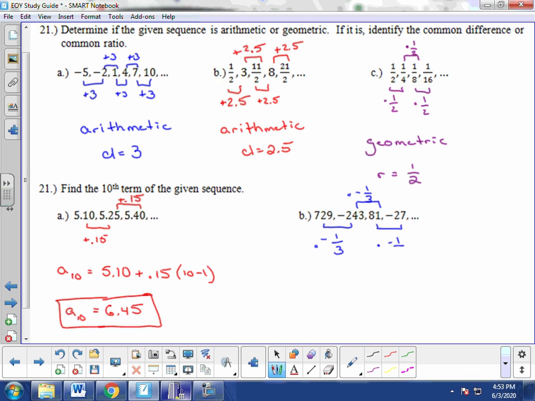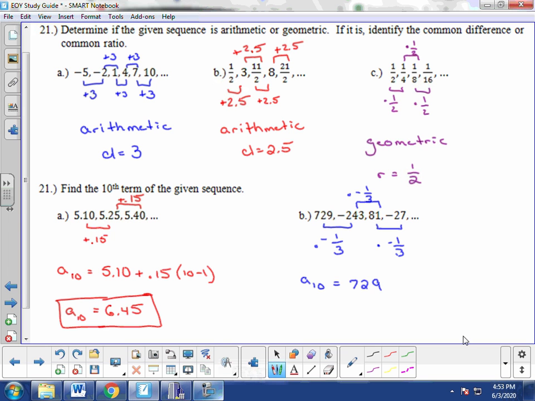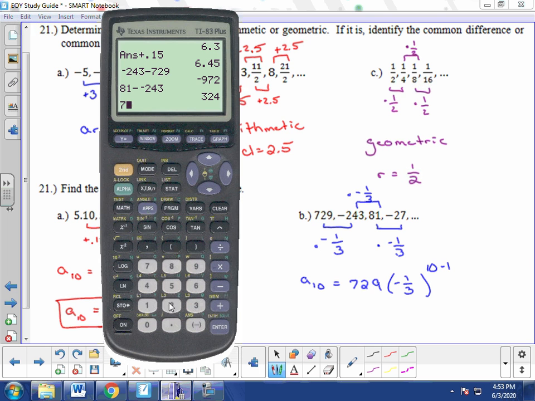So to find the 10th term of a geometric sequence, we again start with the first term. The first term is 729. And we take that term and multiply by the common ratio, negative 1/3, to the n minus 1 power, or the 10 minus 1 power. So we can do this again in our calculator, 729 times 1/3. Sorry, let's make sure this is a negative 1/3.